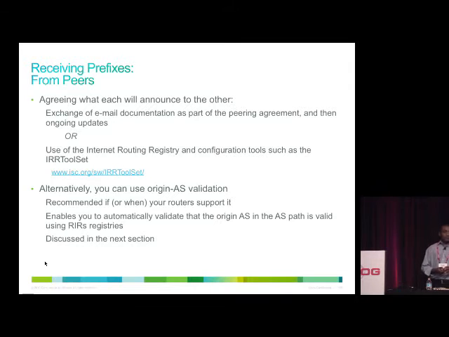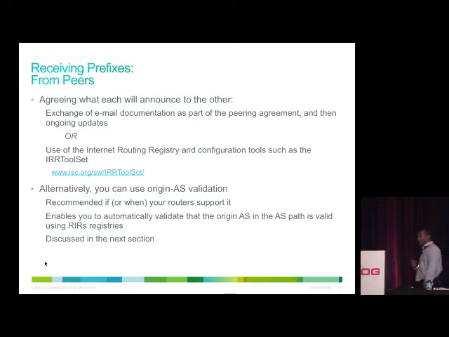And you can also use the Internet Route Registry to verify the origin AS, whether that route is registered. And once you agree, you have to document it, either via email or some kind of documentation.